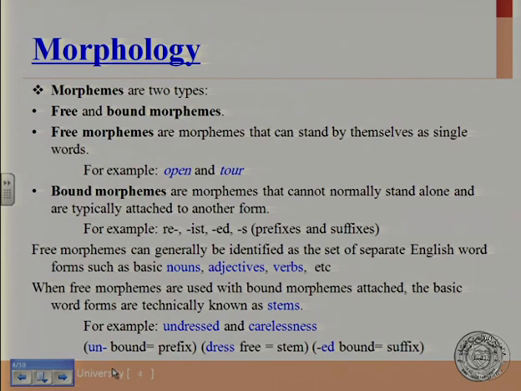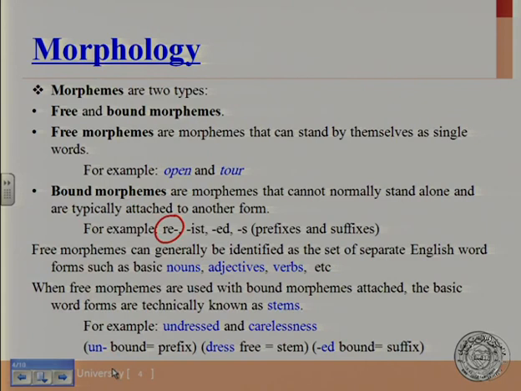The second type of morphemes is bound morphemes. Bound morphemes are morphemes that cannot normally stand alone and are typically attached to another form, to another word. For example, the prefix re is a bound morpheme. Alone, we cannot say that this is a word.